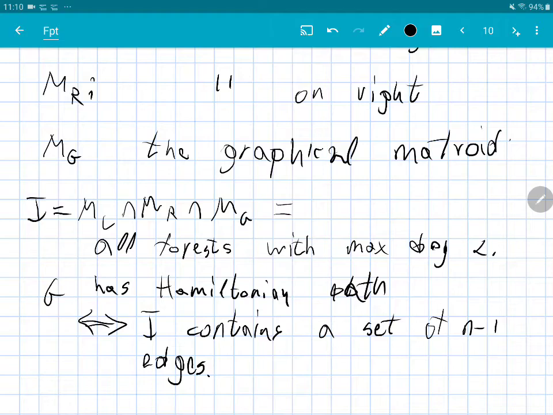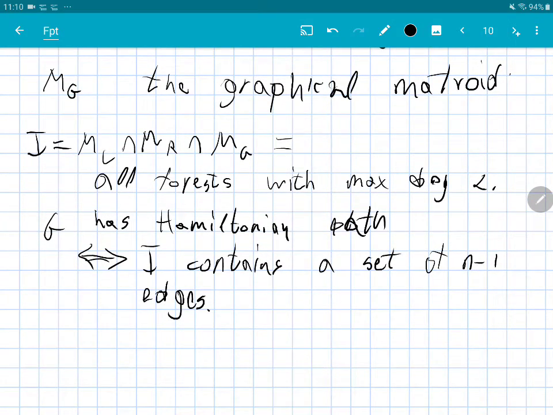So deciding if in the intersection of 3 Matroids there is a set of size at least n minus 1, which would be that parameter k mentioned above, is equivalent to Hamiltonian path, which is an NP-hard problem. So Matroid intersection is polynomial for 2 and hard for 3.